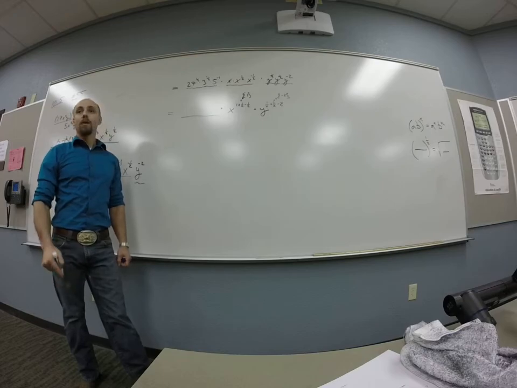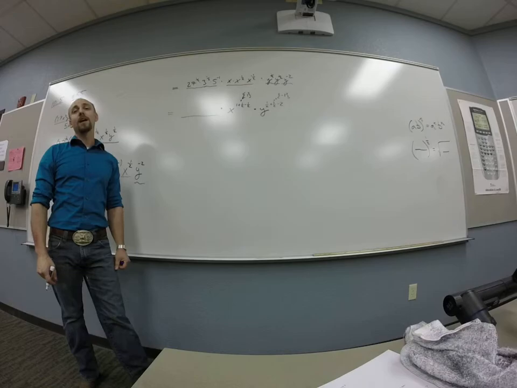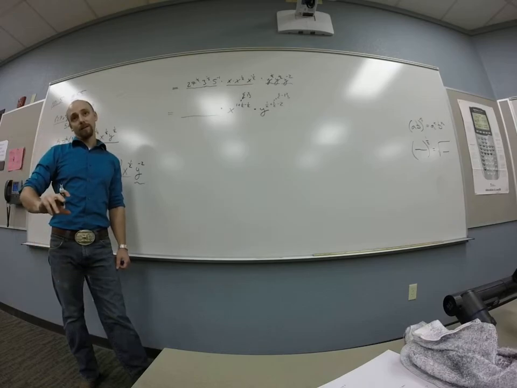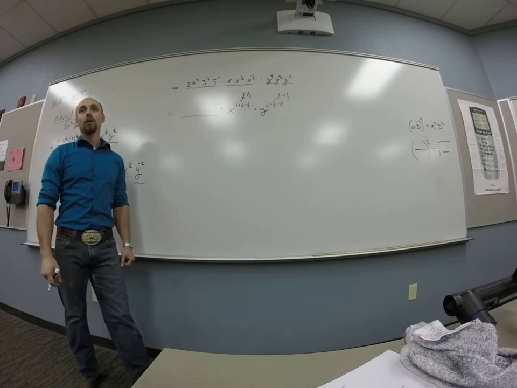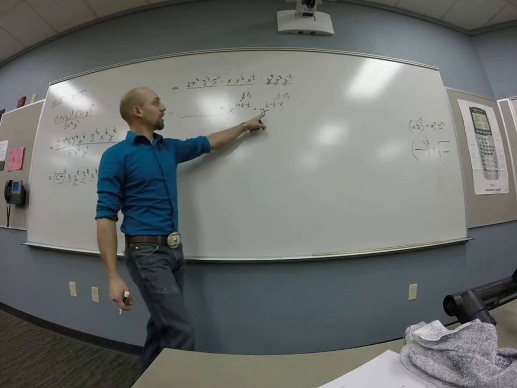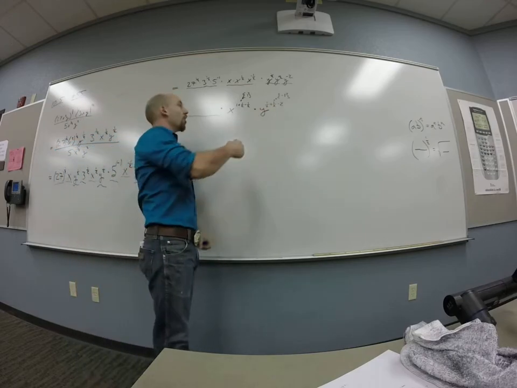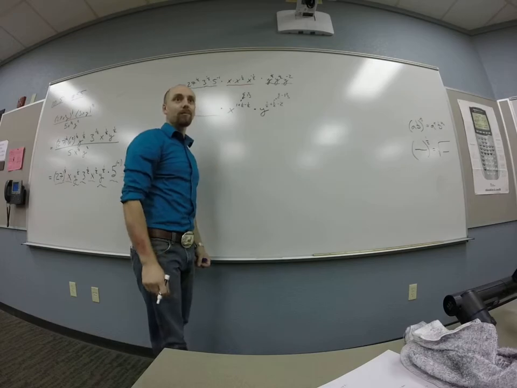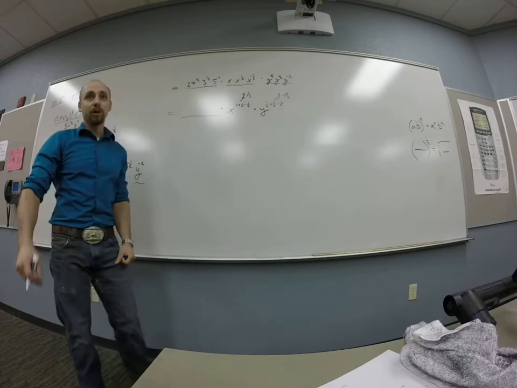So can we just say negative y? No, it's not negative y. The negative in the exponent means divide, not subtract. But I know what it means: y to the minus 1 just means put the y on the bottom, which we'll do in the next step.